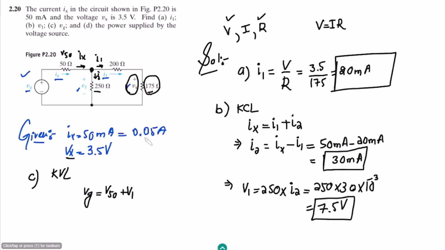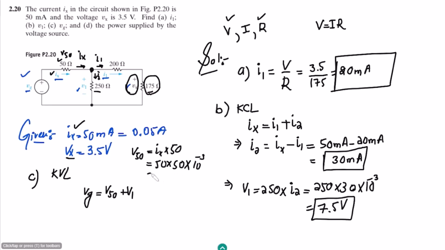Do we know the value of V50? No, we don't know it, but we know the value of the resistor and we know the value of the current which is given. So we can very easily find V50, that is Ix multiplied by 50 ohm. Let me put these values: 50 multiplied by 50 multiplied by 10 to the power minus 3.